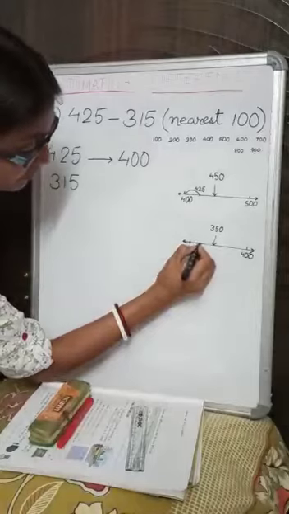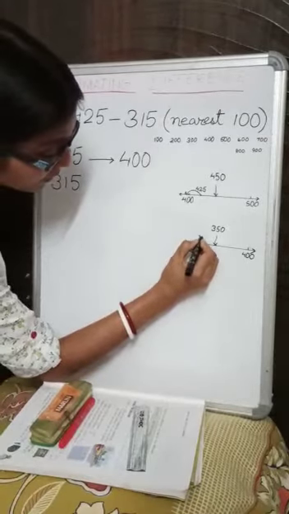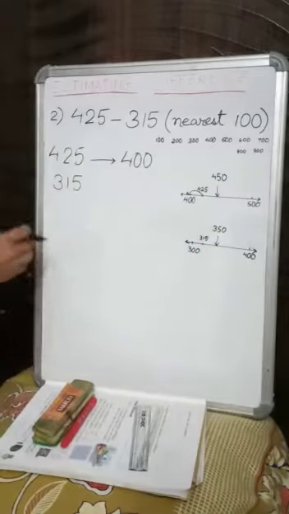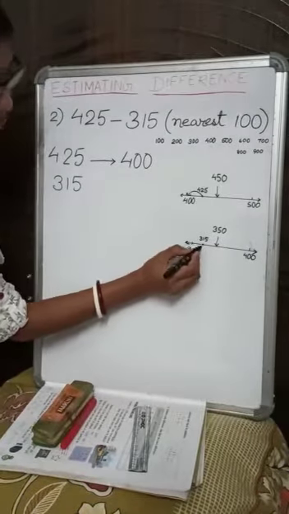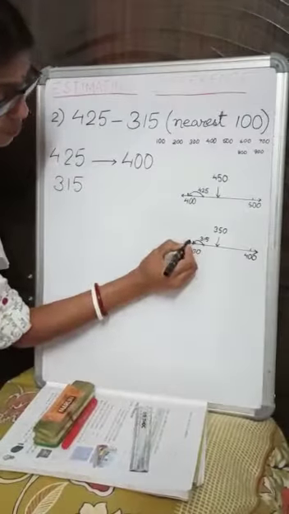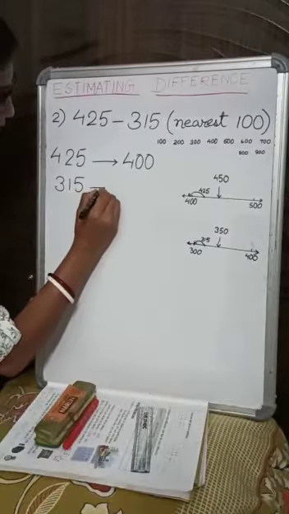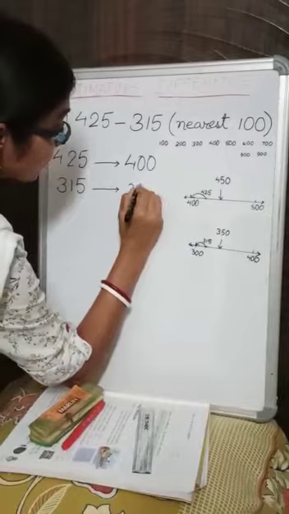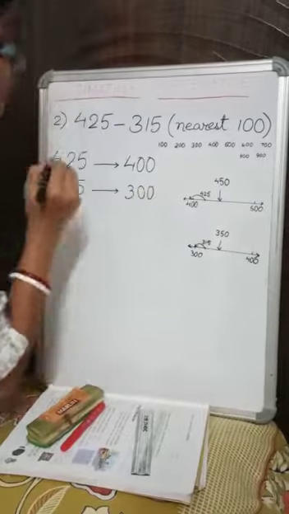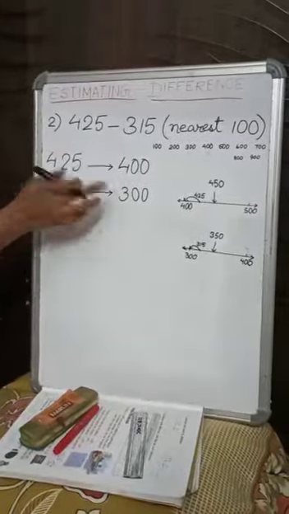So it will be somewhere here closer to 300. So 315 being closer to 300 will be rounded down to 300. So here we will write 315 rounds down to 300. So these are the rounded off numbers.